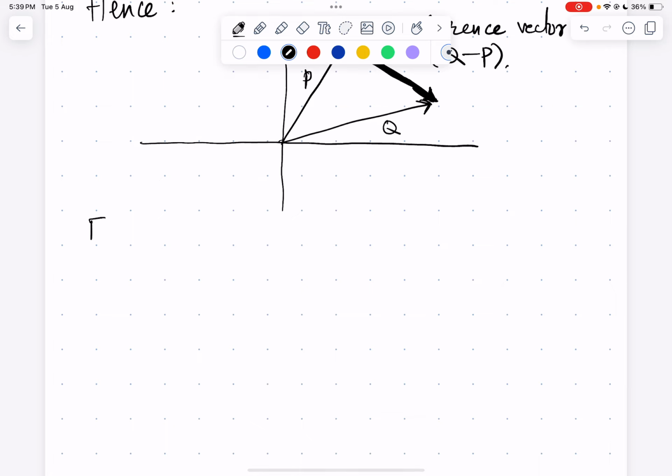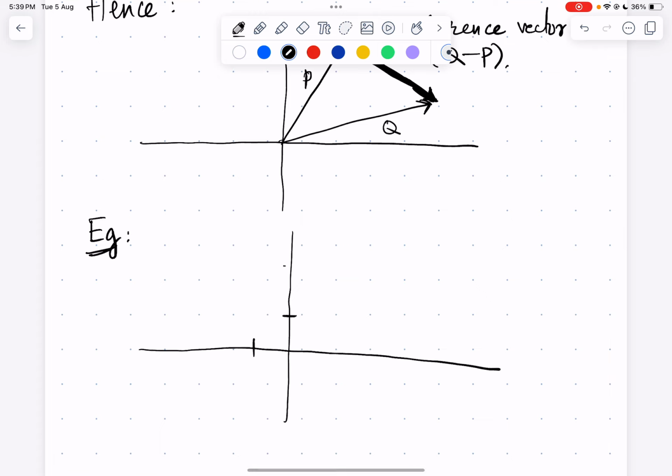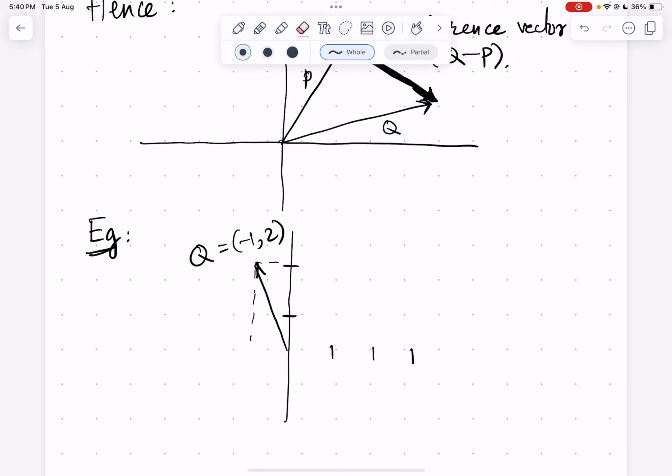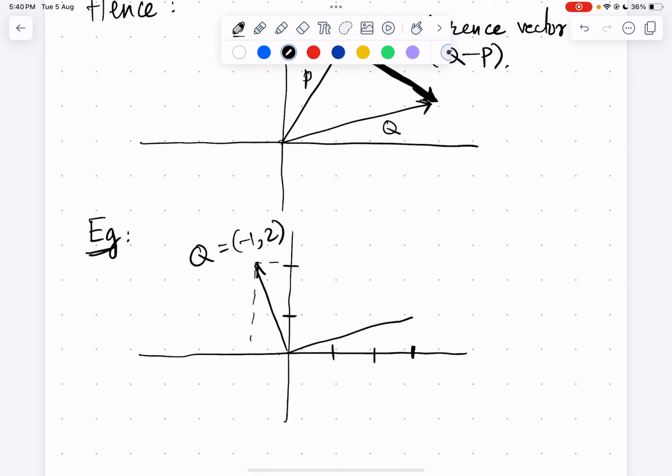Here's an example. Let Q be this vector minus 1 comma 2 and let P be this vector 3 comma 1.